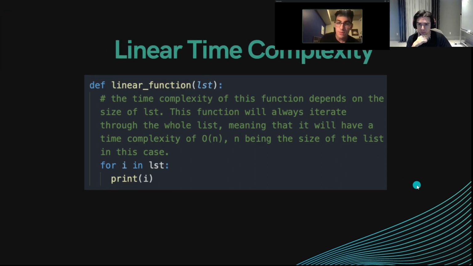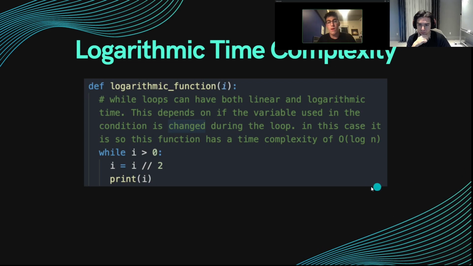So if we look here at this while loop, it's while I is greater than 0. But usually this would be linear time. Since we're changing the I variable, dividing it by 2 each time, it will have logarithmic time complexity because the input is getting smaller and smaller every time. So it's not going to be linear, it's going to be getting smaller.